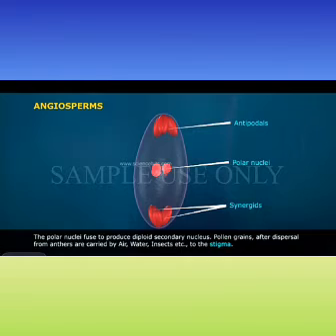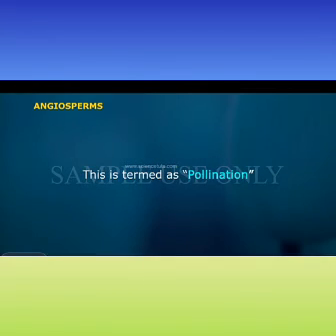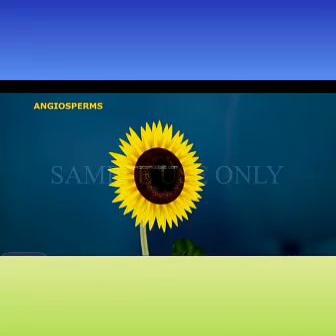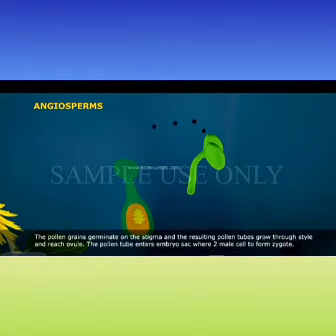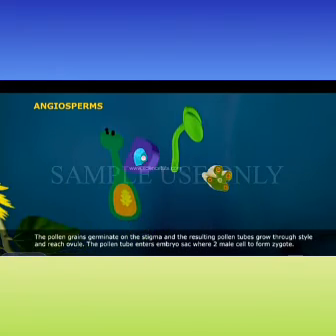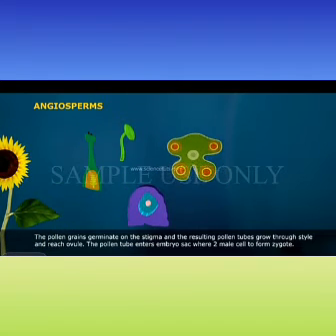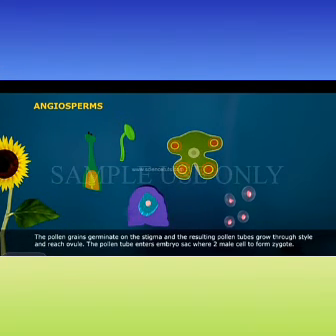Pollen grains, after dispersal from the anther, are carried by air, water, insects, etc. to the stigma, and this is termed pollination. The pollen grains germinate on the stigma and the resulting pollen tubes grow through the style and reach the ovule.